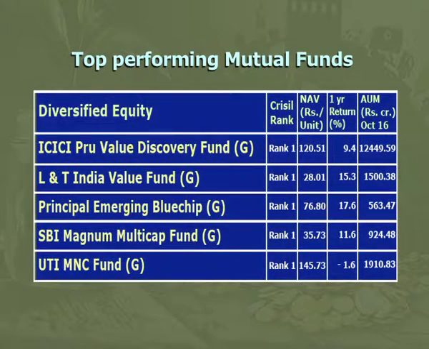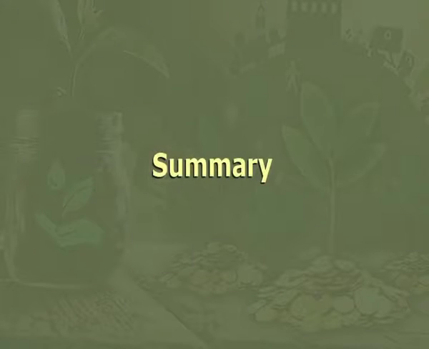In the diversified equity sector, CRISIL has given rank 1 to ICICI Prudential Value Discovery Fund, L&T India Value Fund, Principal Emerging Blue Chip Fund, SBI Magnum Multicap Fund, and UTI MNC Fund. The information has been sourced from www.moneycontrol.com/mutual-funds/top rated funds.